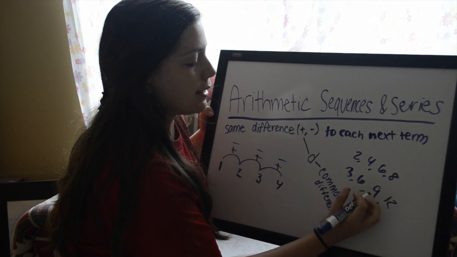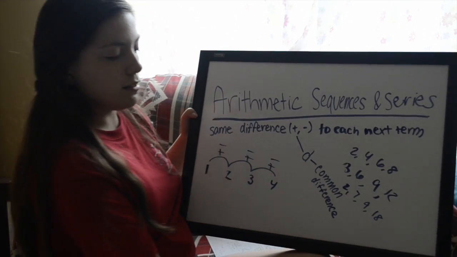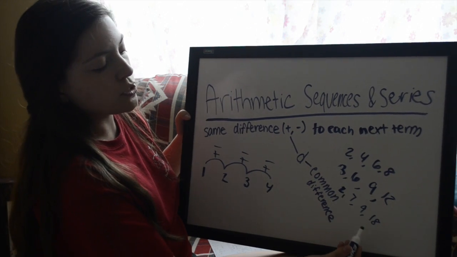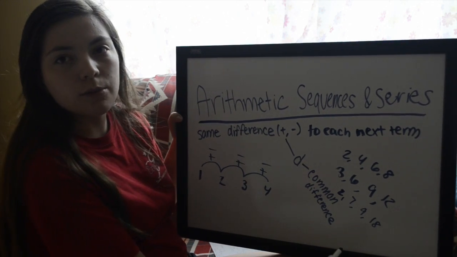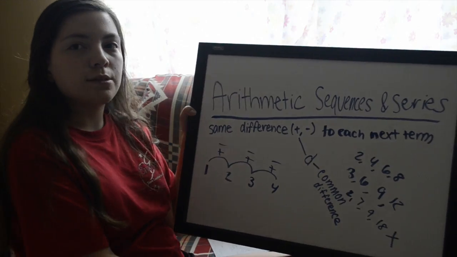If I had 2, 7, 9, 18, there's no adding or subtracting correlation between those numbers, so that would not be an arithmetic sequence.